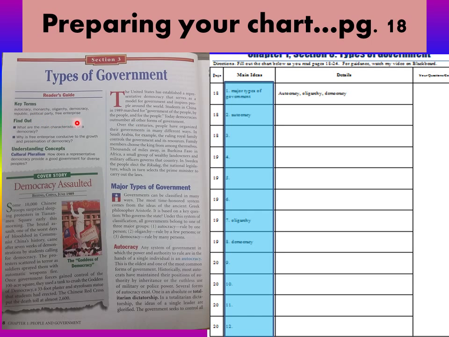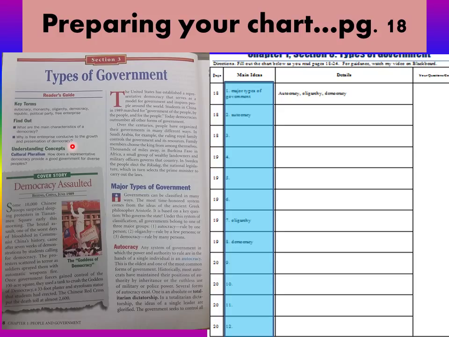Now, let's see what we should find out. What are the main characteristics of a democracy? And why is free enterprise conducive to the growth and preservation of democracy? And conducive means essential, pretty much. So another way to phrase that question would be, why do we need free enterprise to keep democracy alive? Let's keep going.